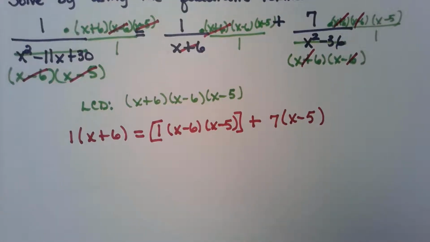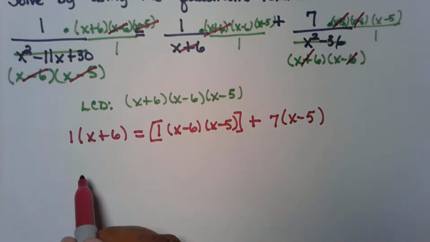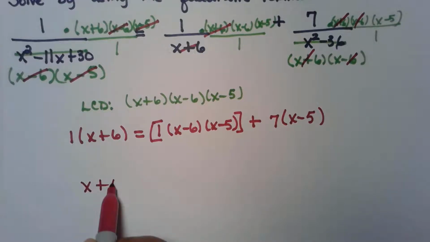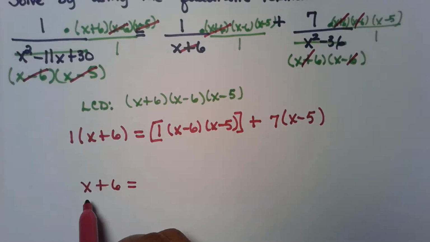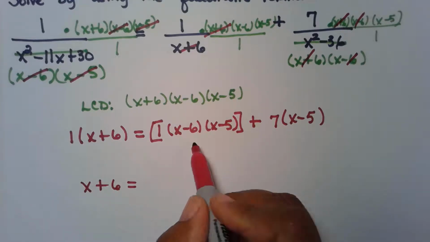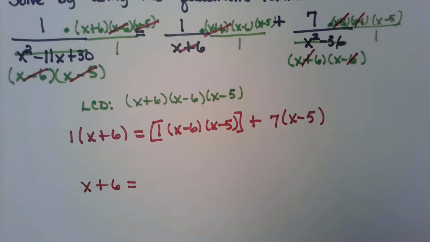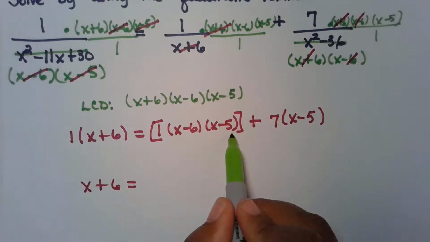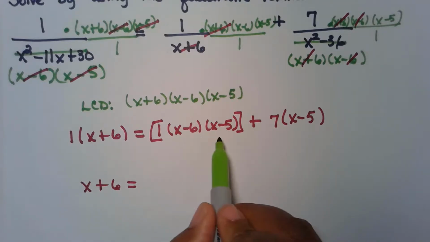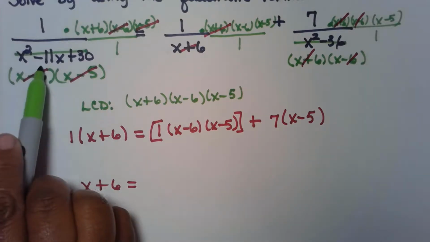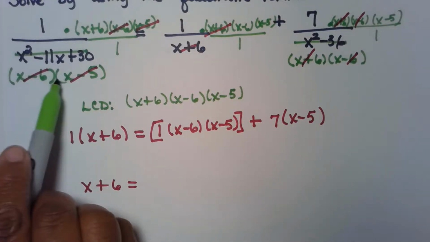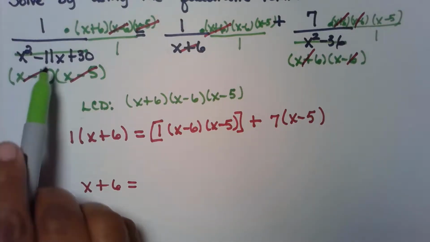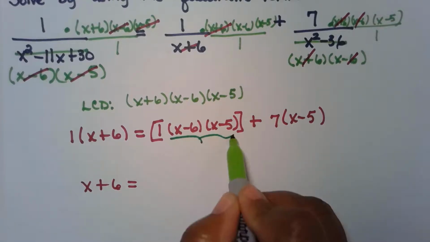So let's distribute, and we have x plus 6, because when we distribute the 1 to the x and the 6, we still have x and 6. Now, this portion here, the x minus 6 times the x minus 5, well, we know what that product is because we factored it. x squared minus 11x plus 36.